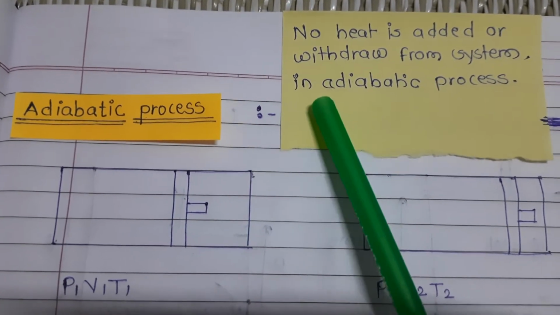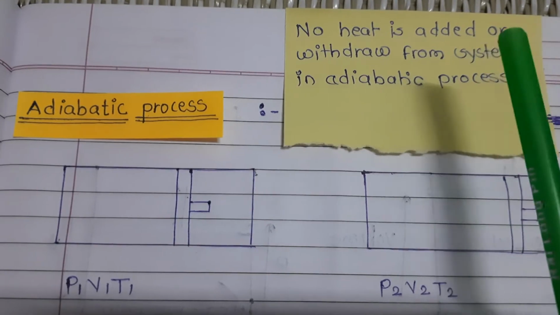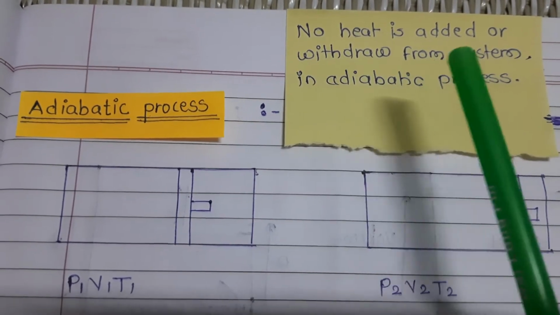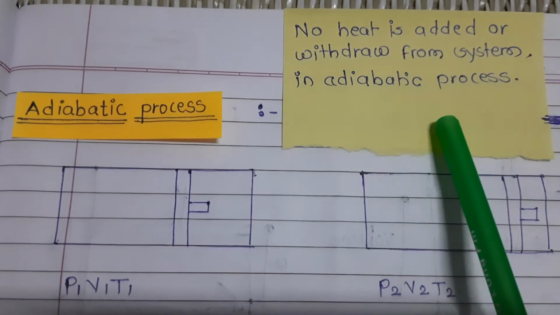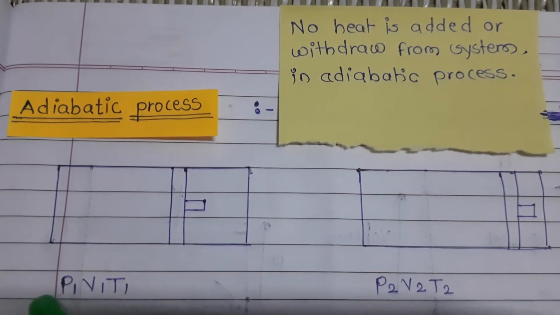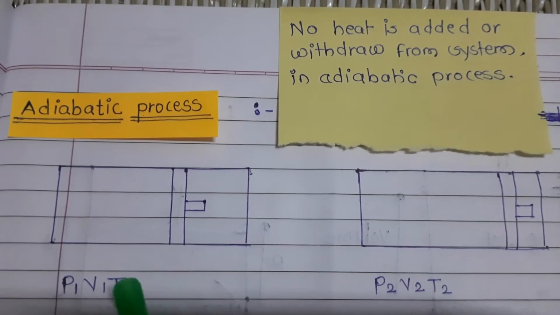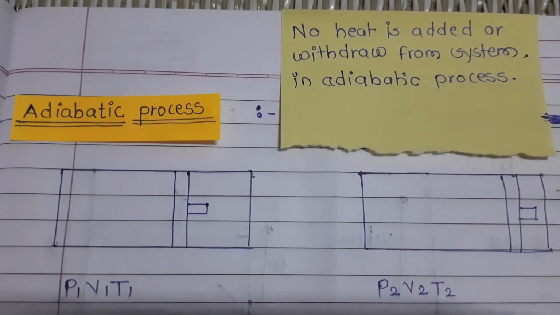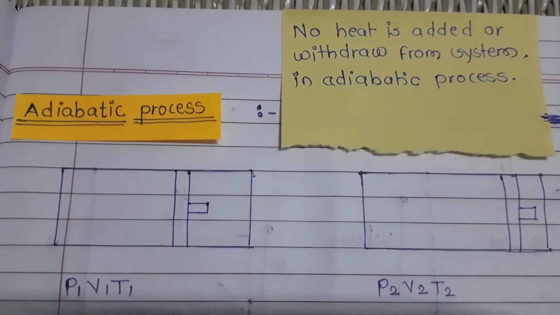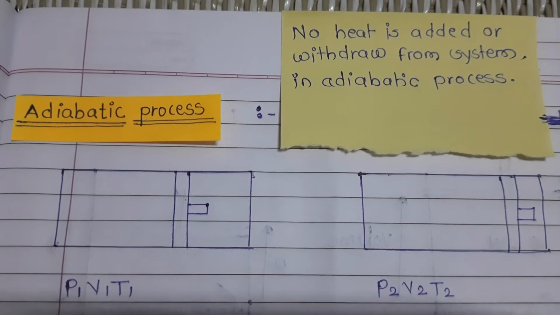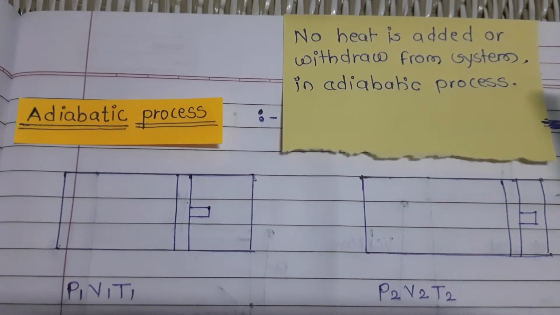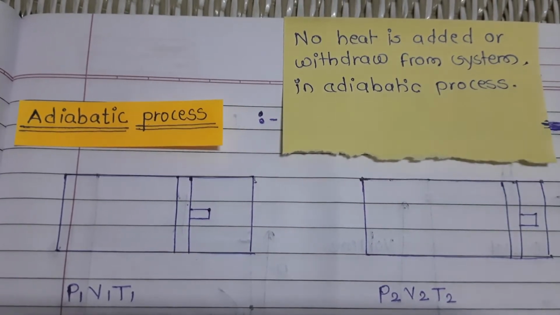See the definition: no heat is added to or withdrawn from the system in an adiabatic process. In this, P1 becomes P2, V1 becomes V2, T1 becomes T2. Important: no external heat is added to or withdrawn from the system.